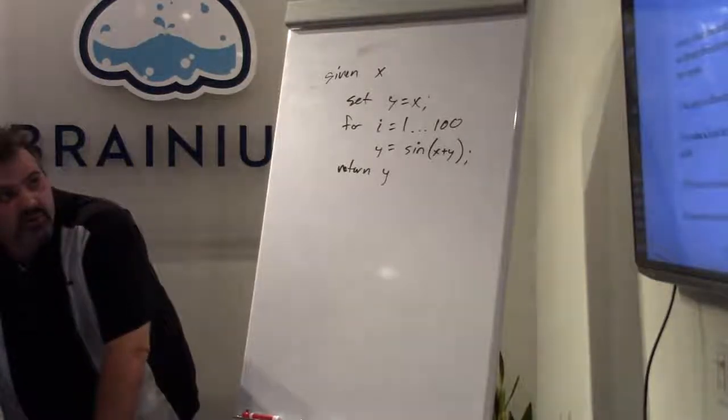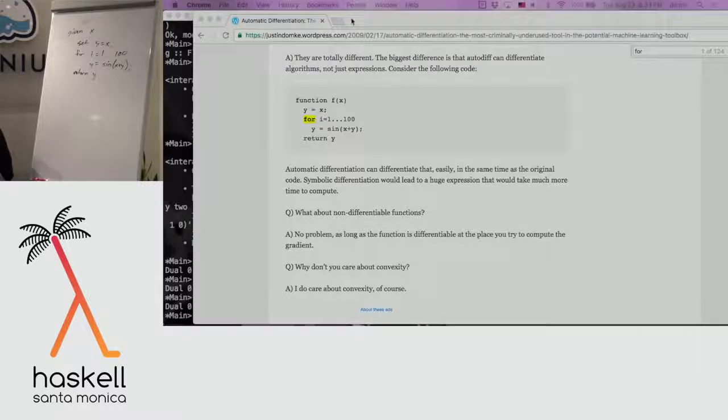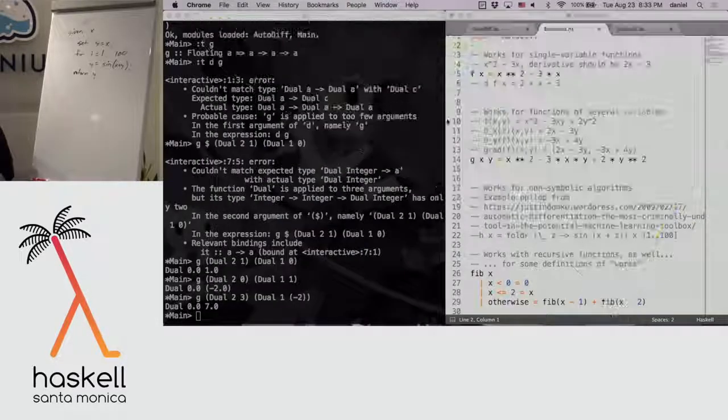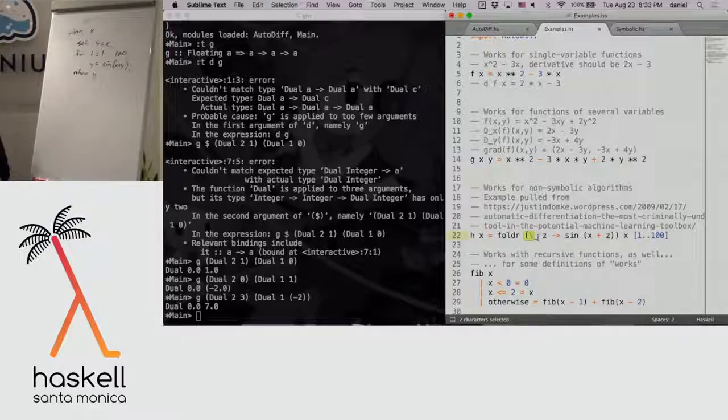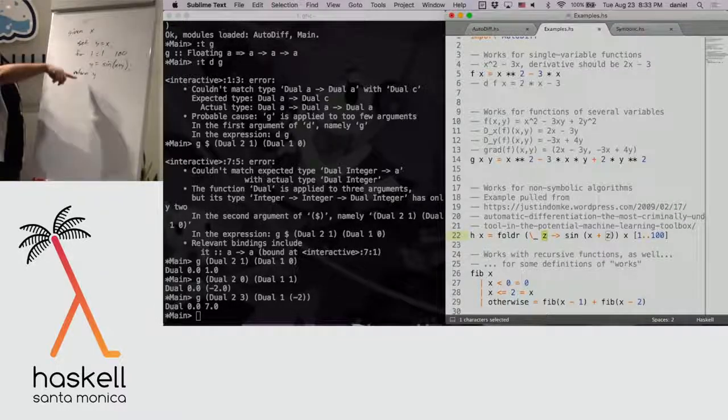Okay, so let's go back to the code here and make sure that this does the same thing. First off, I is not used in the body of the loop. And that's exactly what we have here. I is not used. Here's an accumulator if we want to do a fold. So here is the list element. We throw it away. Here's the accumulator.